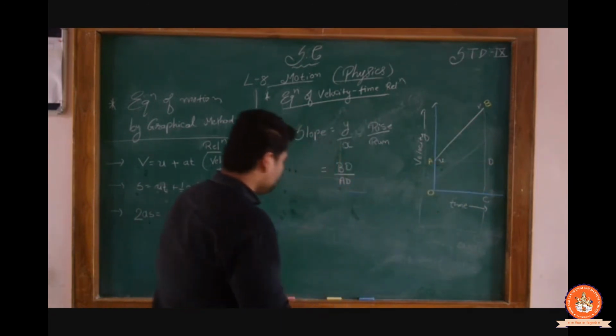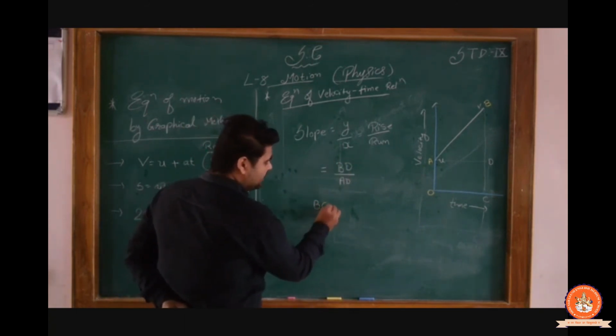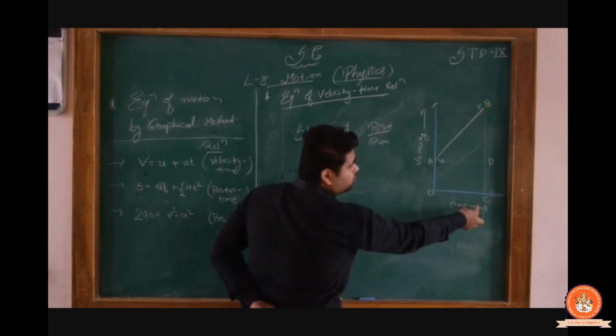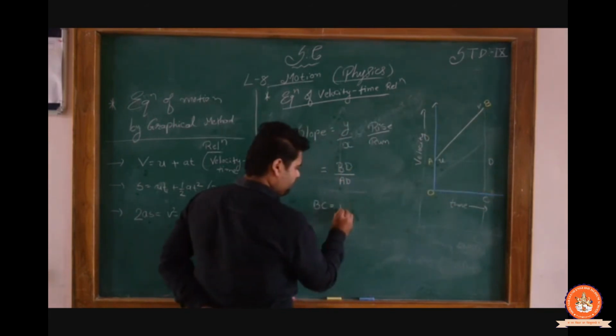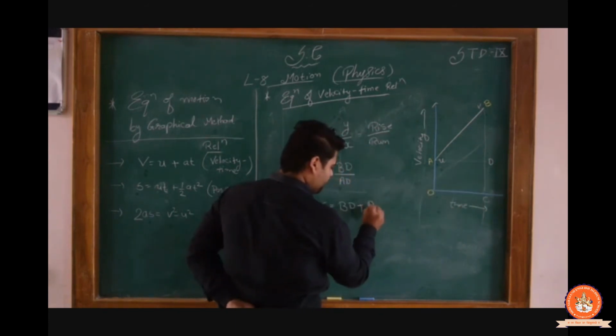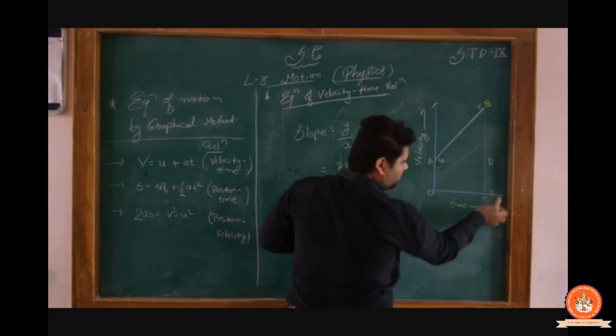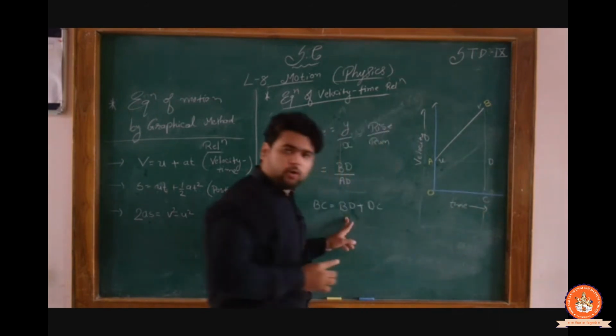So for that, let's do it. How can we find it? Total BC equals BD plus DC. From D to D and D to C is the full, total BC.